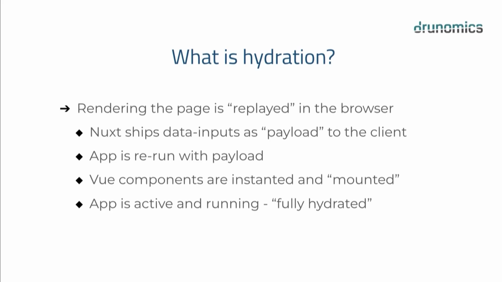Then on the client side in the browser, the app is rerun with that payload. That means the whole Vue components and everything is instantiated again, and it's so-called mounted to the DOM. So the Vue component is instantiated in a JavaScript runtime, and it's also mounted to the DOM elements which are already in the HTML.